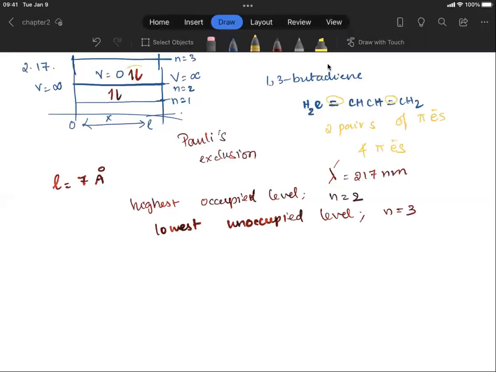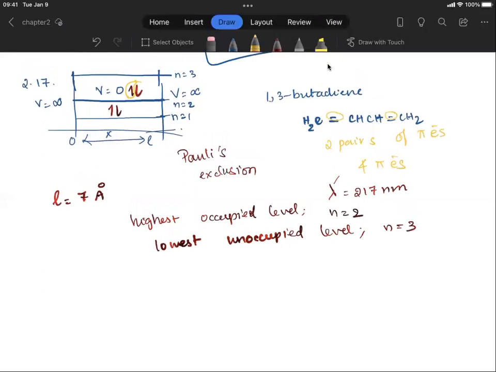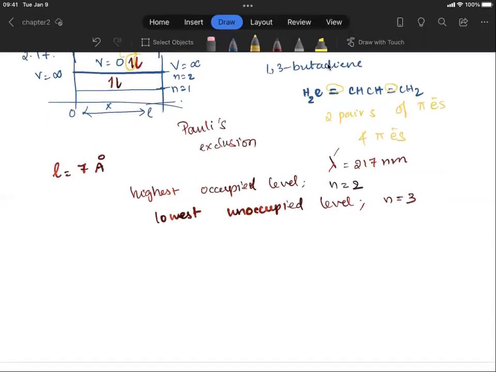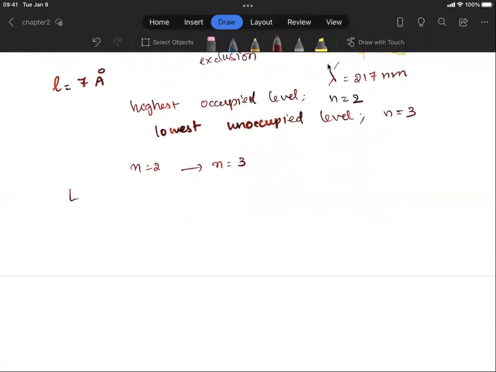Now, let's say we have this electron make a jump to here. It's going to go from N is equal to 2 to N is equal to 3. Now, we need to compute the wavelength that corresponds to this transition.